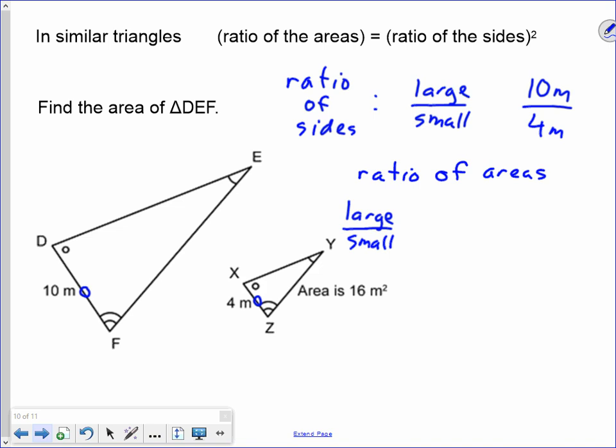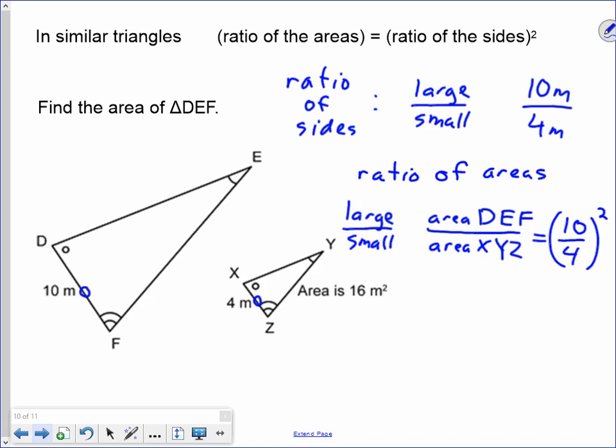So the area of our large triangle is going to be the area of triangle DEF. Small triangle is the area of triangle XYZ. We know that this is equal to the ratio of the sides, so 10 over 4 squared.